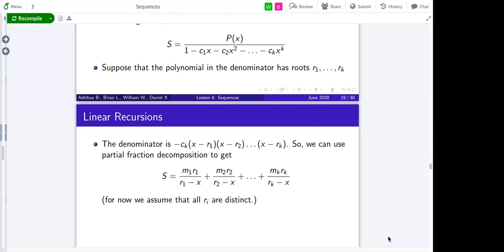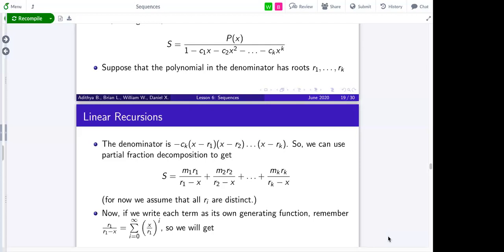Anyways, moving on, now that we have this form, we're going to write each term as its own generating function. So remember that the fraction r1 over r1 minus x is equal to the sum from i equals 0 to infinity of x over r1 to the i. If we do this for every single term, we will get the below.